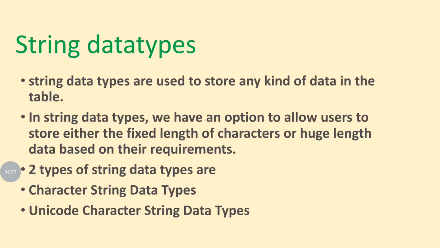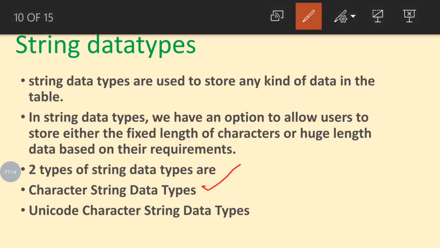That option is available in the string data type. In string data types we have two types: one is the character string data type and the other one is the Unicode character string data type. So these two we are going to see now.